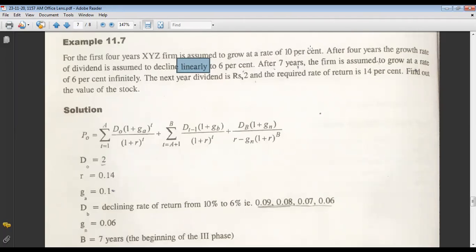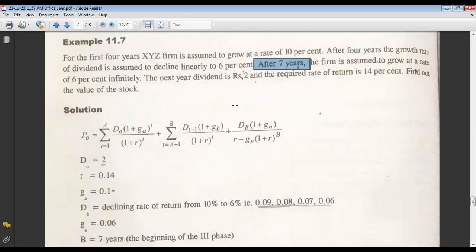So look at the time frame. From 4 years onwards, the growth is going to be on a decline phase. For how many years? Look at this part. It says after 7 years, the firm is going to grow at a 6% constant.